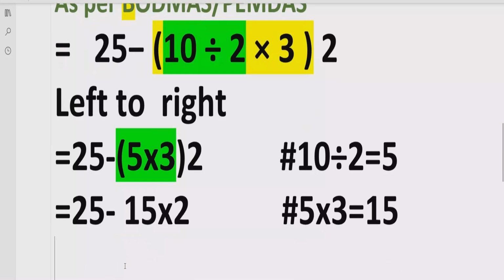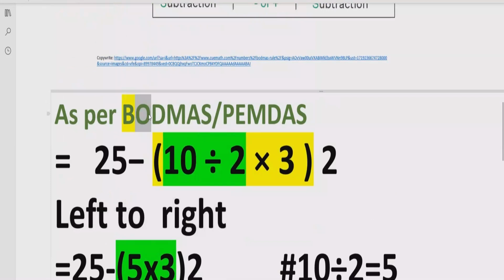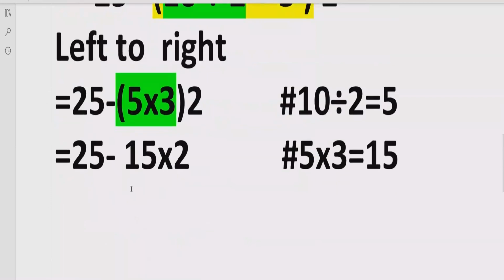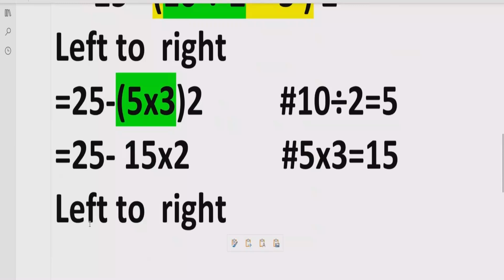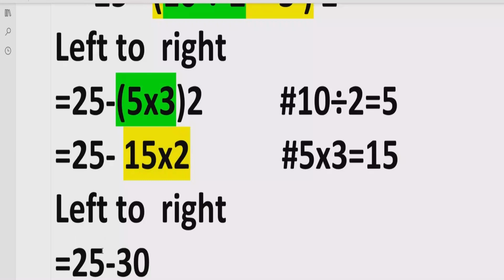Now move forward. We have to go left to right in our expression because we do not have any bracket now and we also do not have any exponent part. So we will go left to right in this expression and find out division and multiplication. So now we have this multiplication, which is 25 minus 15 multiplied by 2 equals 30.